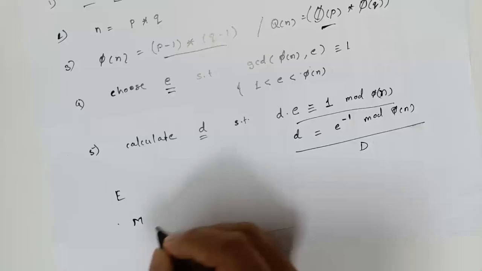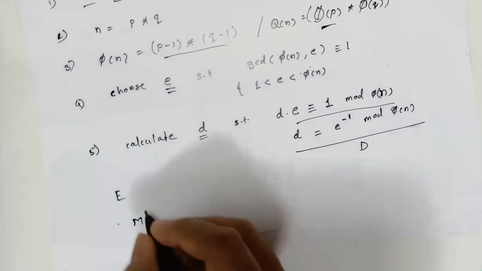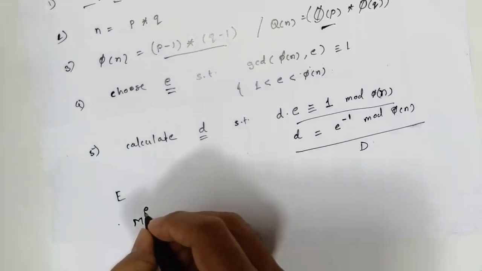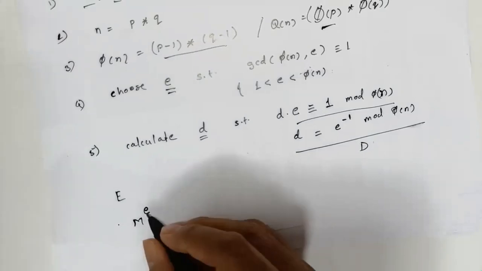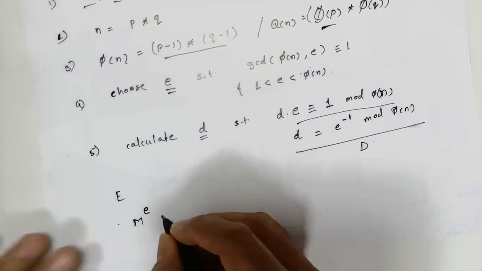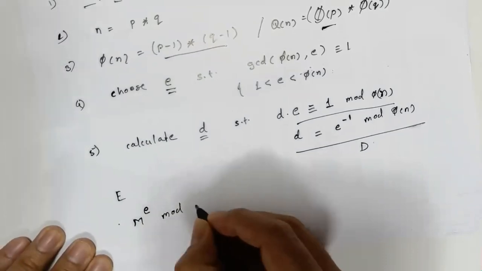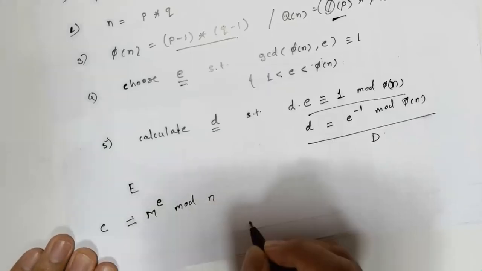If you have a message M, what you have to do is use the public key. This is the original message M. You have to raise the original message to the public key, and do a mod operation on N. That will produce a ciphertext.